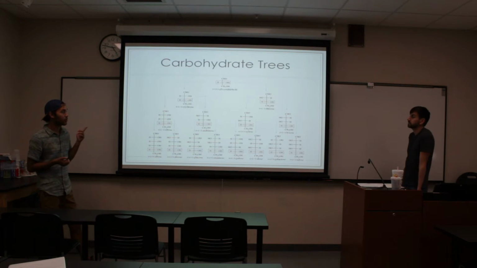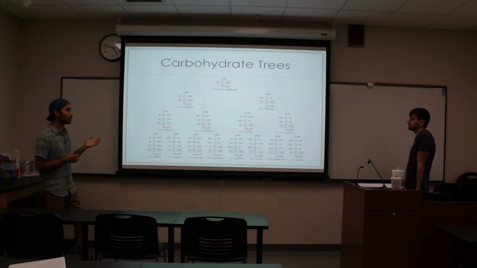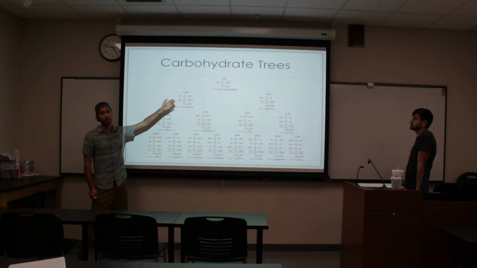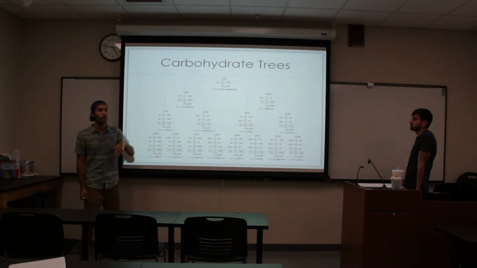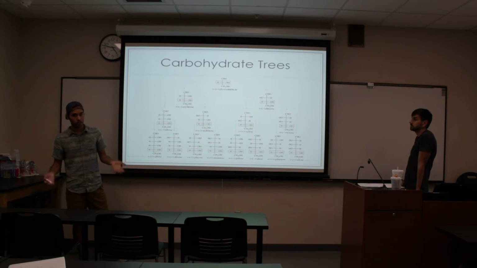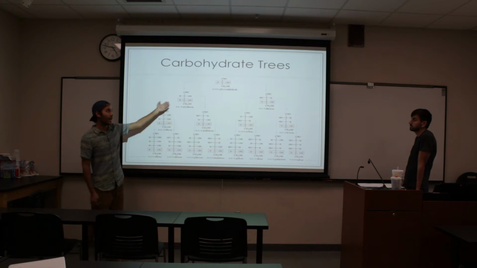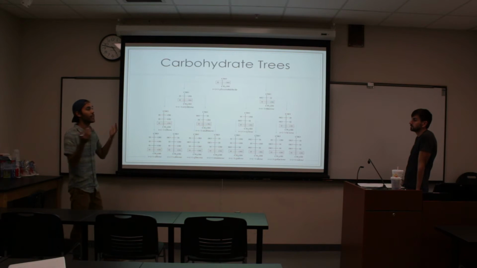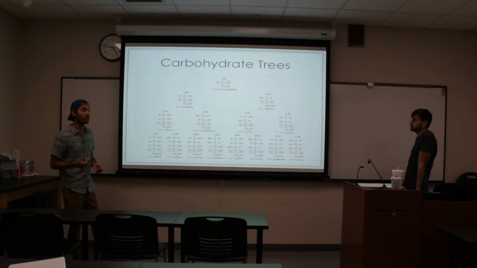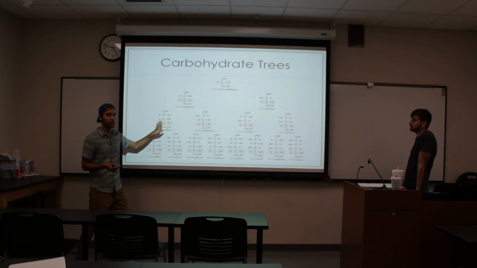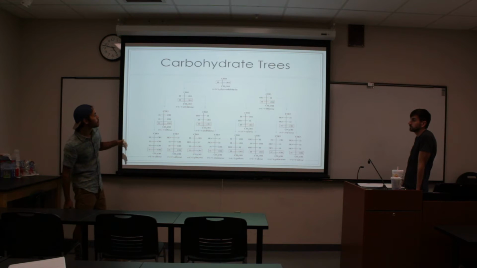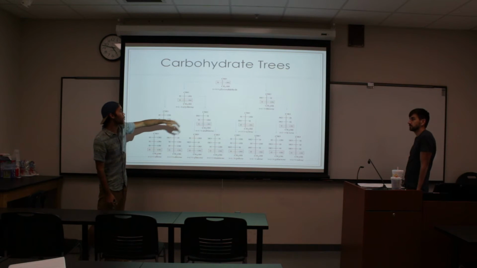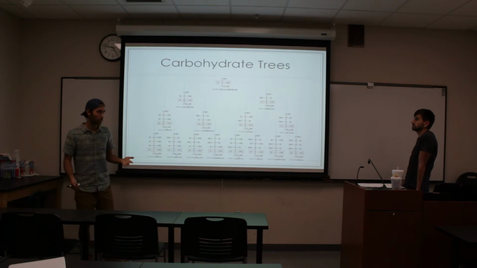Here in the carbohydrate tree, it just breaks it down. You start with just a basic 3-carbon sugar, and you can add a carbon in and start creating this giant network of different sugars, depending on the chirality of the new carbon added. Just as an example, you have erythrose and threose.